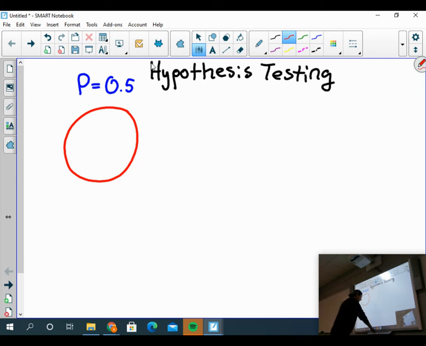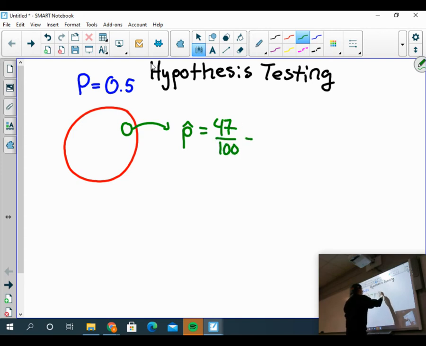Let's say the first 100 times I flip the coin, I end up getting 47 heads out of the 100 flips. What that would mean for us is my sample probability in that 100 flips was 47%. That's our sample probability.